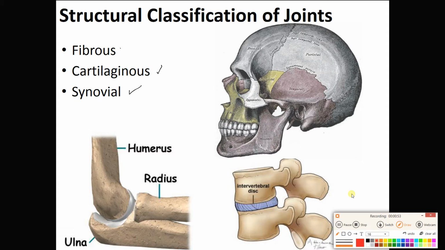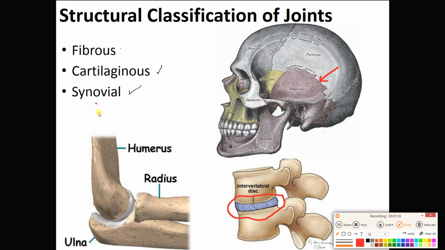So, if you have collagen fibers linking the two bones directly together, that's a fibrous joint. You will see that in your sutures, like this squamous suture in the skull right here. If you have a pad of cartilage between the two bones, like we see here in between our lumbar vertebrae, that would be a cartilaginous joint.